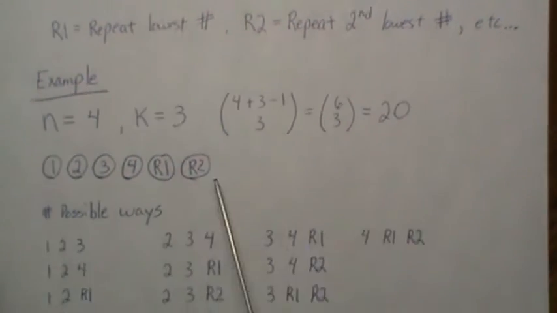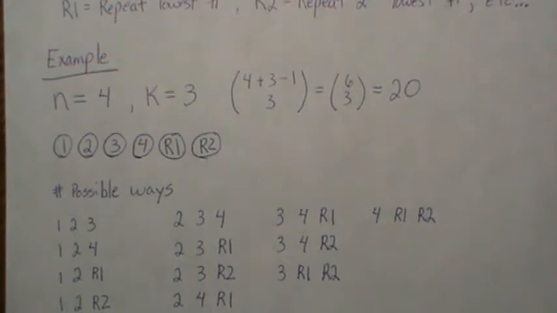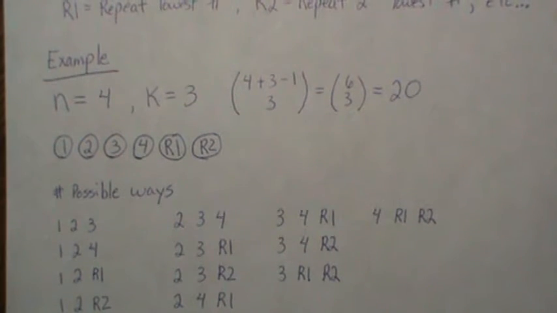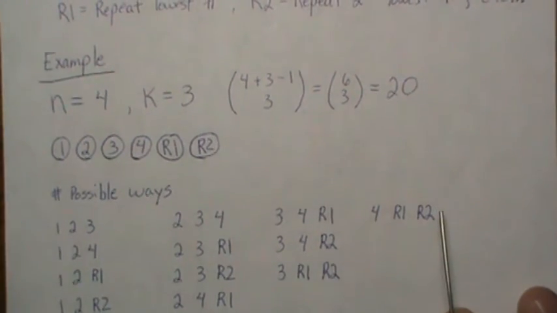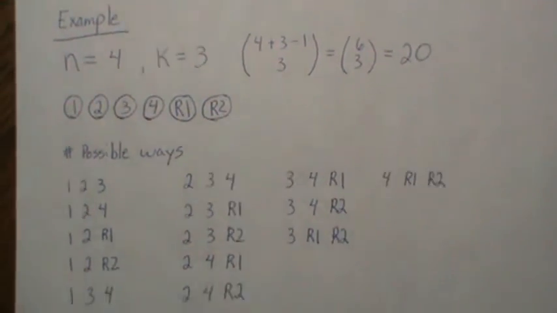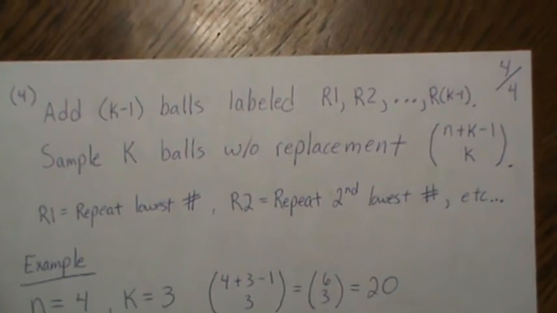And so that's the answer to number 4. It's n plus k minus 1 choose k. You know, it's combinations, n plus k minus 1 choose k. And that's the answer. And this is only a heuristic argument. You could formalize it, make it in more detail. But that's basically what's going on and why that's the answer.